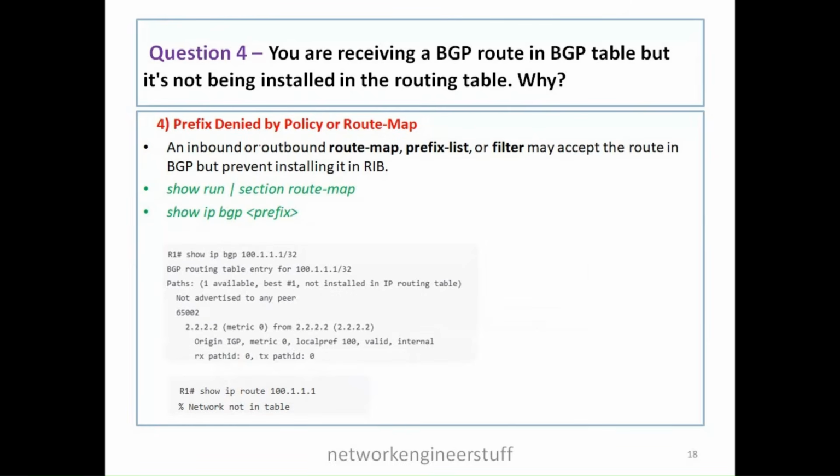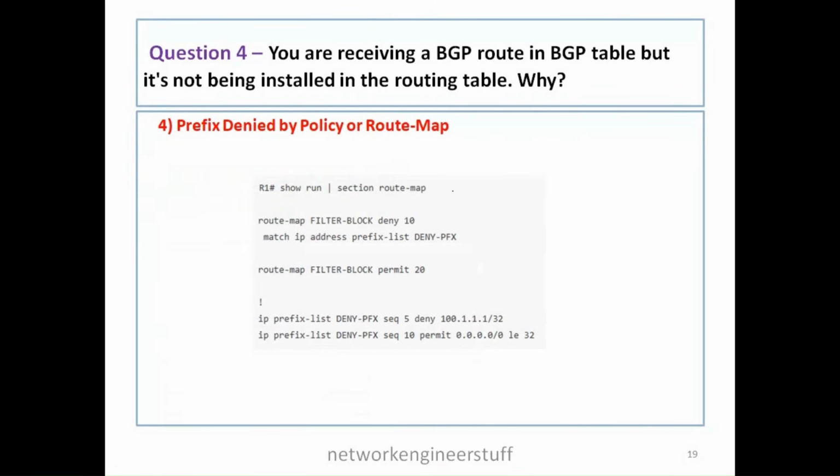Reason number 4 will be that the prefix has been denied by some policy or by some route map. Any inbound or outbound route map, prefix list or filter may accept the route in BGP but prevent installing it in the RIB.